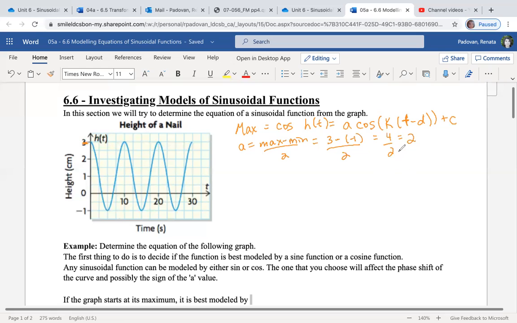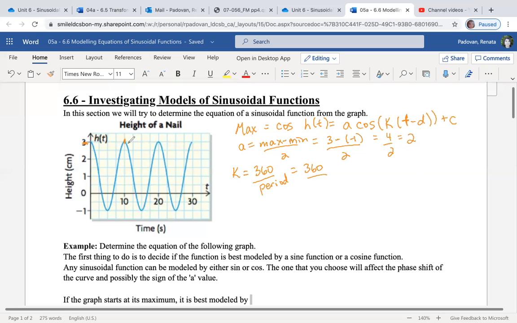And in that case, I don't need to worry. It's not going to be negative because it's not a minimum, right? So the value of a would actually be 2. So now the next variable to solve for would be k. Remember, k was equal to 360 divided by the period. So I have to take a look at how long the period is here. So 360 divided by, so here it starts at the top, comes down to a minimum, the trough, comes back up to the top, so right there.